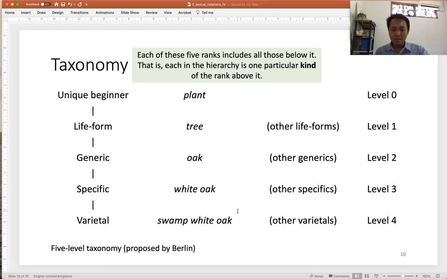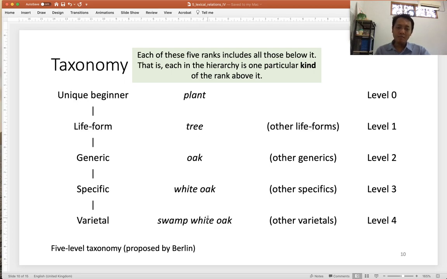For instance, swamp white oak is included in white oak. So swamp white oak is a kind of white oak, and white oak is a kind of oak. Oak is a kind of tree, and so on and so forth. In other words, each item in the hierarchy is one particular kind of the rank above it.